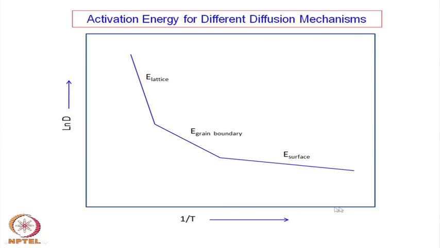At lower temperature, this side, because it is 1 by T. So, you can see this is the activation energy for the surface diffusion, whereas the intermediate one is the grain boundary diffusion, and then the lattice diffusion is the highest, and the slope is also highest, and this slope is lower, this is intermediate.